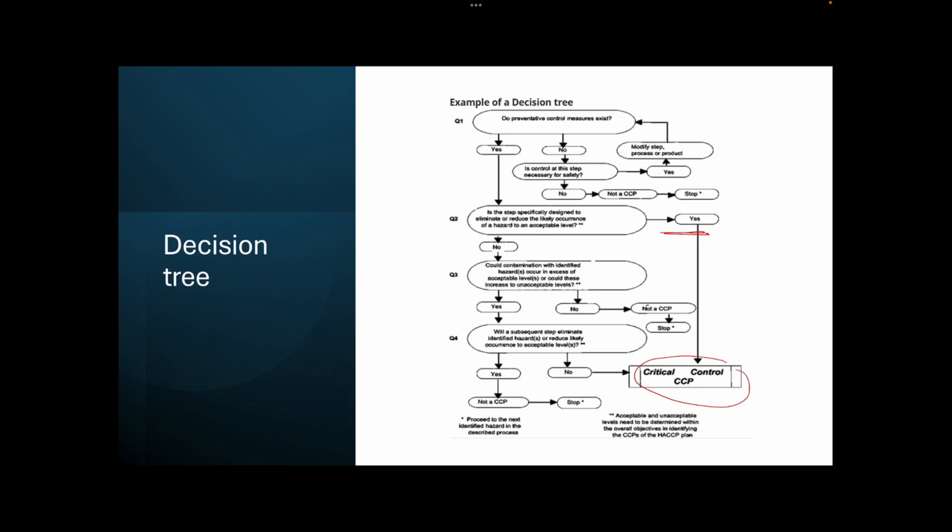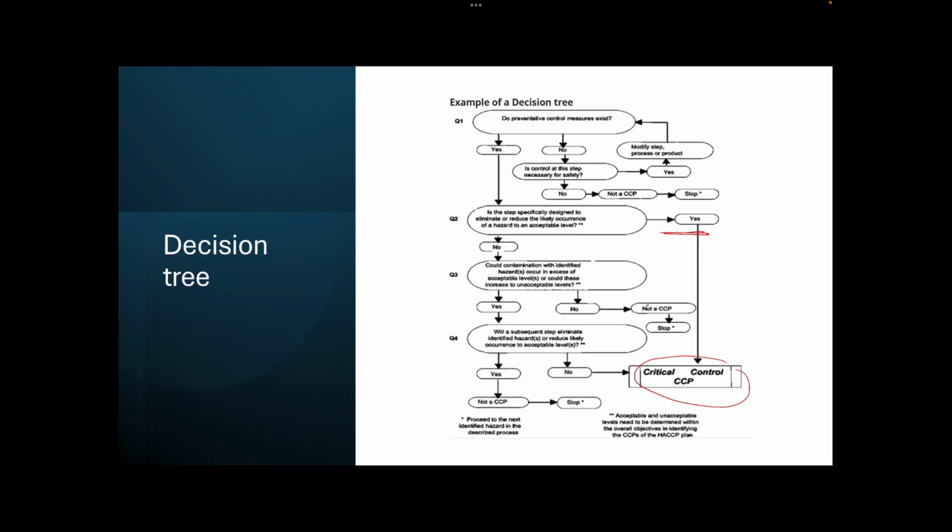Then ask the next question. Could contamination with identified hazards occur in excess of acceptable level, or could these increase to unacceptable level? Now in the storage, even if it is not killing the bacteria, could the bacteria grow here? They could, right? If the temperature is not correct, then the bacteria could grow.